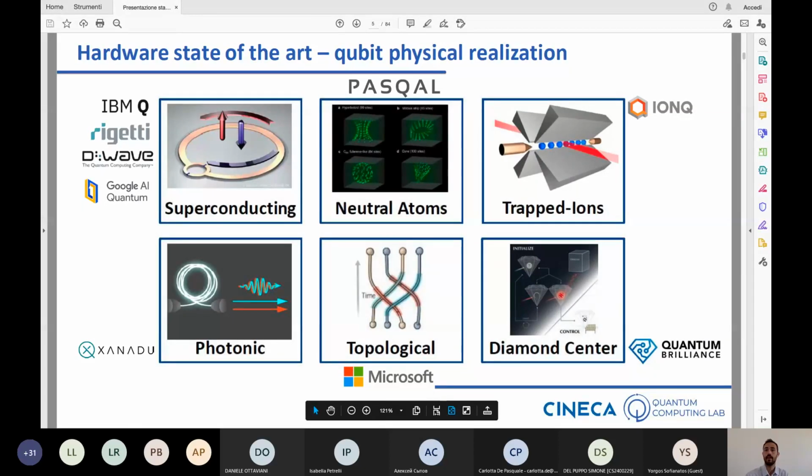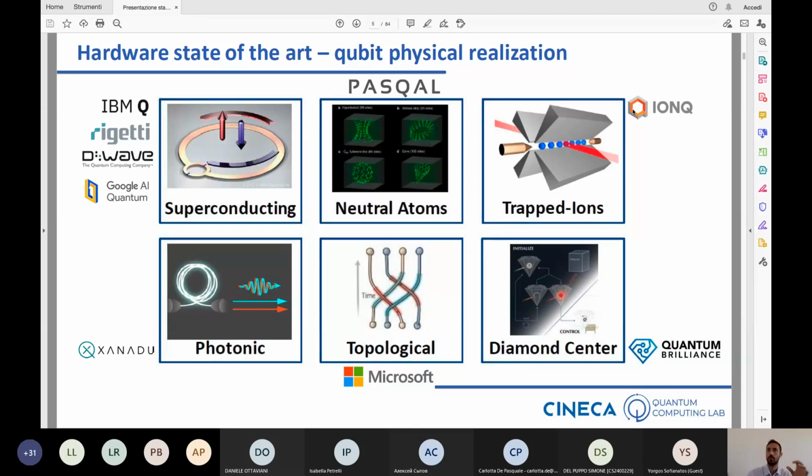We also have IonQ, also a US company, which uses trapped ions. So qubits are encoded into the electronic levels of the ions.